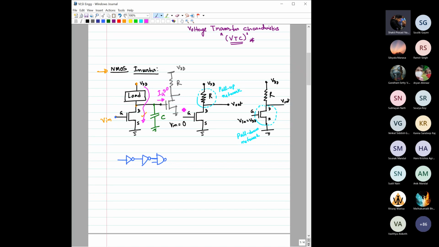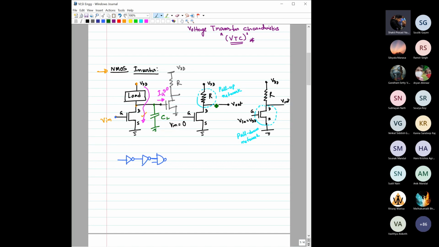Other than that, any DC current has to flow from VDD to the ground only. It will not flow through the MOSFET gate. So you understand why this capacitance would come here. This capacitance is also sometimes referred to as CL, or the load capacitance.